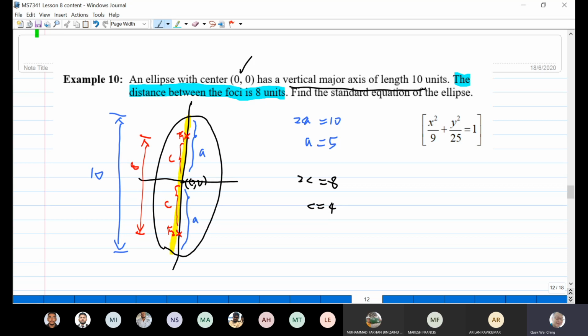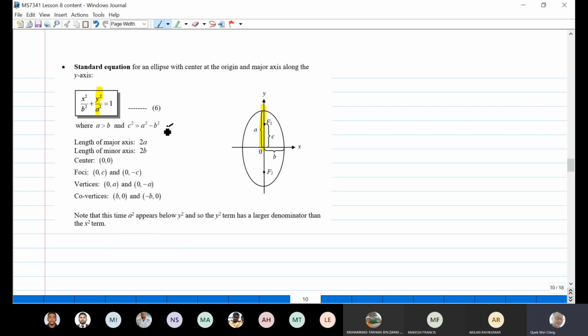Now I want to find the equation of the ellipse. We know there's a relation between c, a and b: c squared is always a squared minus b squared.